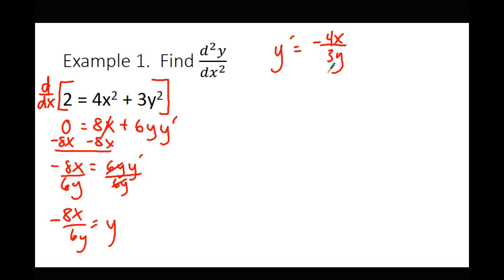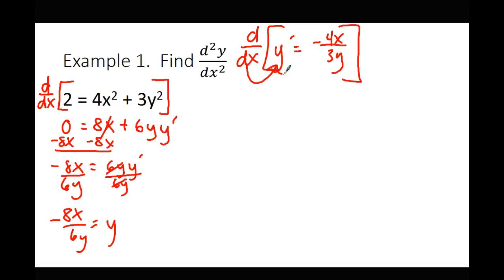Now we want to find the second derivative, right? So if I want to find the second derivative, first thing, what I'm going to do is put that in brackets, and we're going to write this again. So first of all, if you take the derivative of y prime, what do you get?